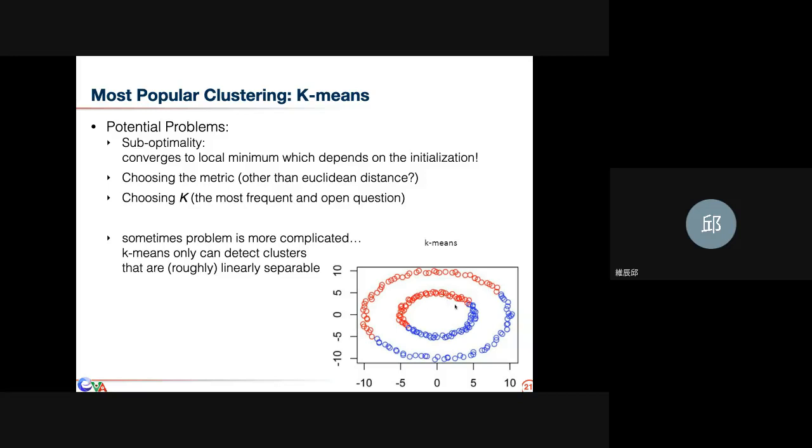You can see this kind of clustering result may not be good for us, because for us human beings, if we are given such a data set, we can easily say the inner circle is one cluster and the outer circle is another cluster, right? But if you directly apply k-means on such a data set in the data space, then very likely you cannot get satisfactory results. So how to deal with this?